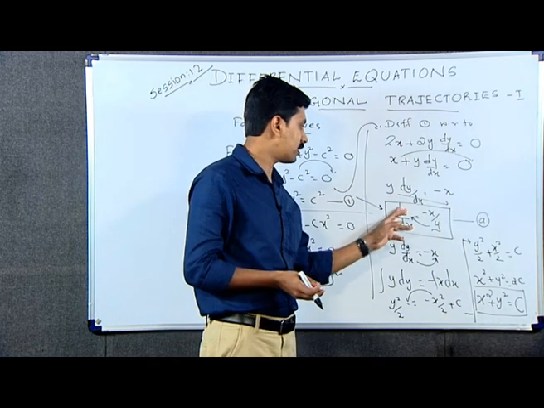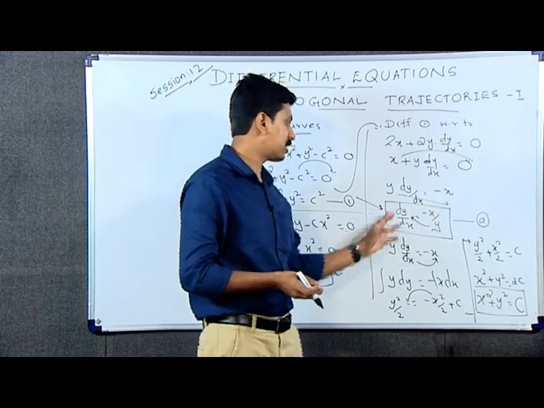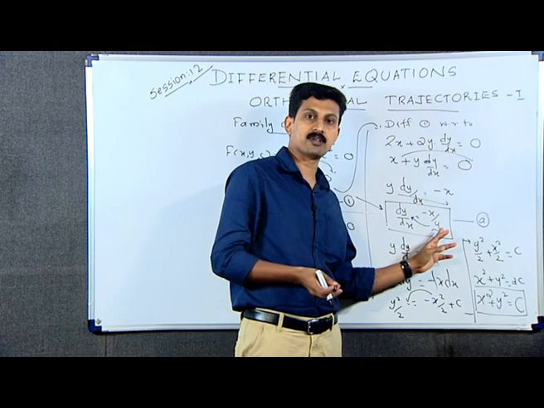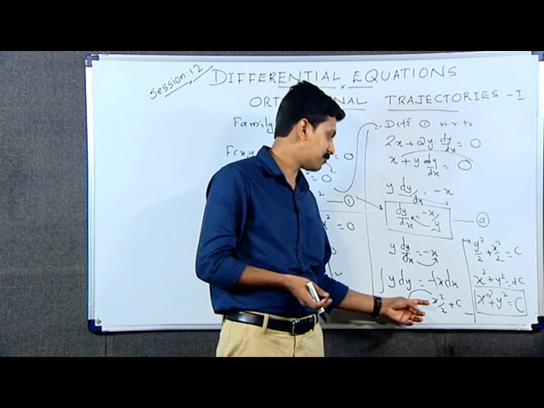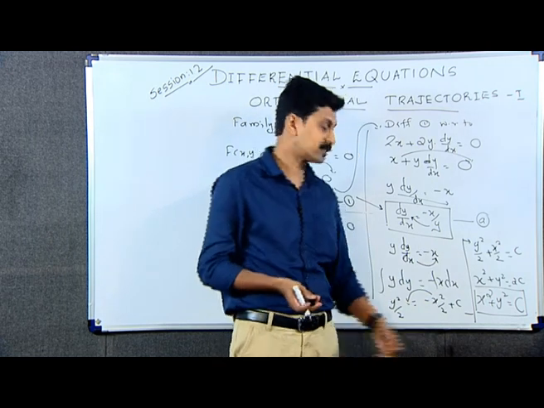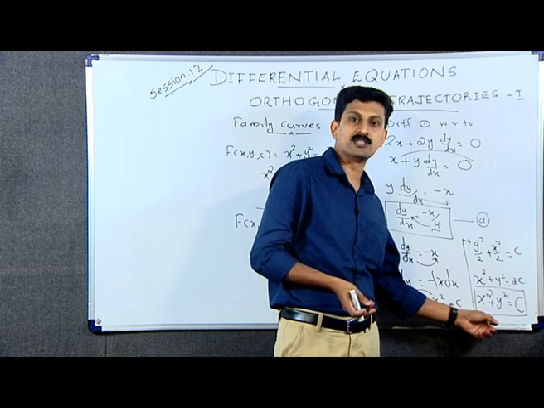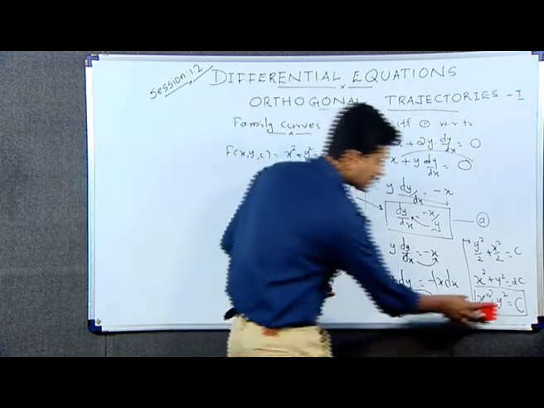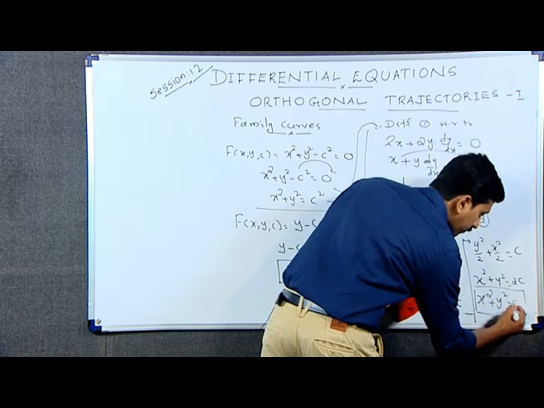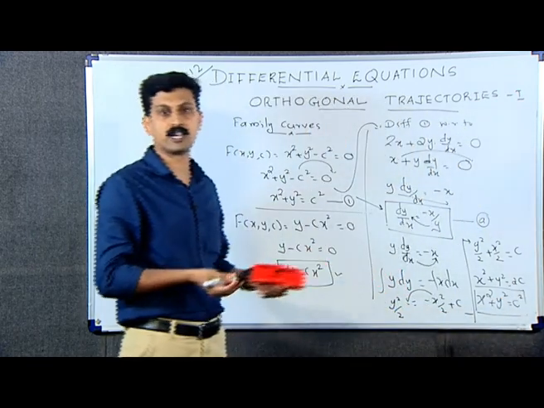So, we started from x square plus y square equal to c square, and after differentiating we have the differential equation dy by dx equal to minus x by y. And while solving this differential equation by the method of variable separable, again we get a solution as a circle centered at the origin with radius. Here this c we can rewrite as another c square, it depends on the value, we can have c square or c dash square.